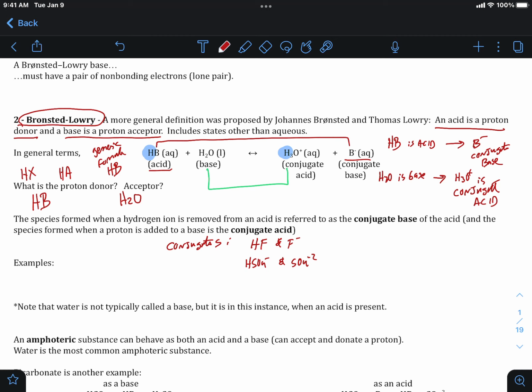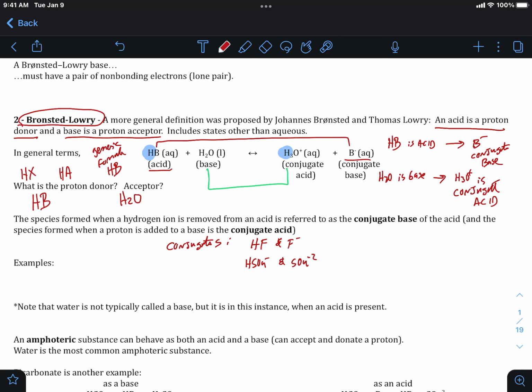In each one of those cases, the only difference between them is an H plus. And because an H plus is being transferred, your charge must change. Right? So be wary of that. That's an easy thing to overlook. Anything that gives up an H plus, its charge is changing. Anything that gains an H plus, its charge is changing.